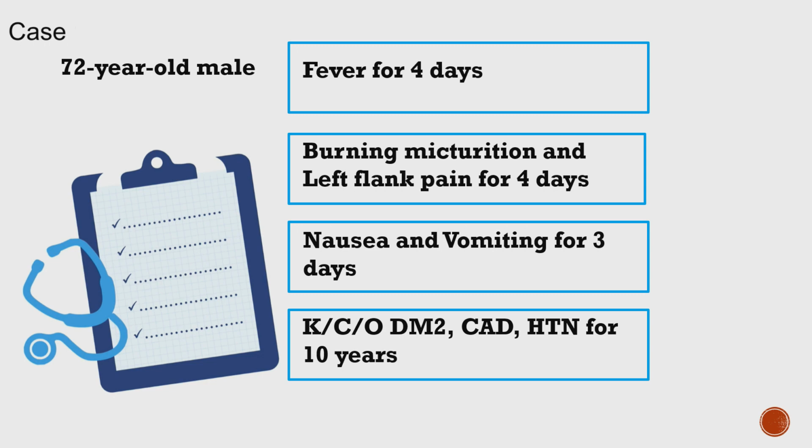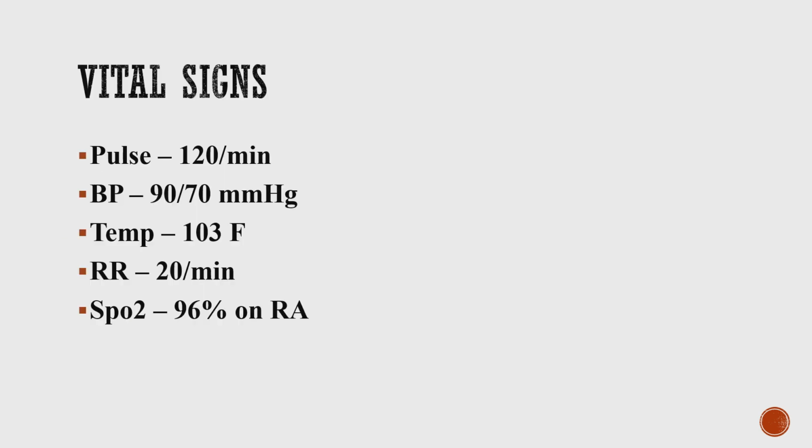So we'll discuss a case and how to incorporate AMS practices in a case-based discussion. It is a 72-year-old male who presented in the emergency with a history of fever for 4 days, burning micturition and left flank pain, associated with nausea and vomiting. He is a known case of diabetes, coronary artery disease and hypertension, is taking regular treatment, and diabetes is under control.